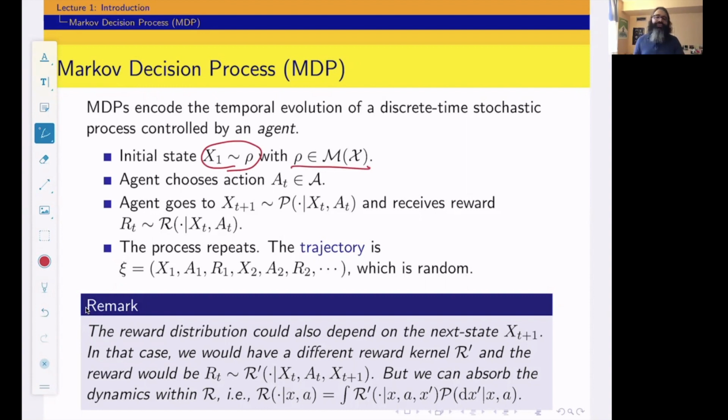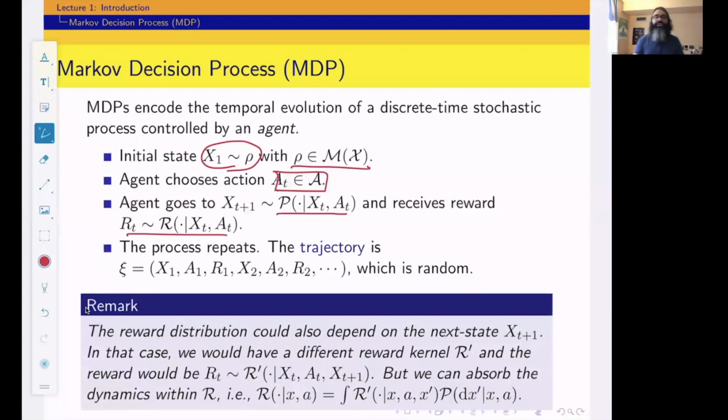Here, rho is not part of the definition of MDP, so you don't see rho in the previous slide. But when I describe the interaction of the agent, I mention how it starts. The agent chooses some action in some way, goes to the next state X t plus 1 according to the dynamics, and receives a reward. Then this process repeats, and the trajectory would be x1, a1, r1, x2, a2, r2.